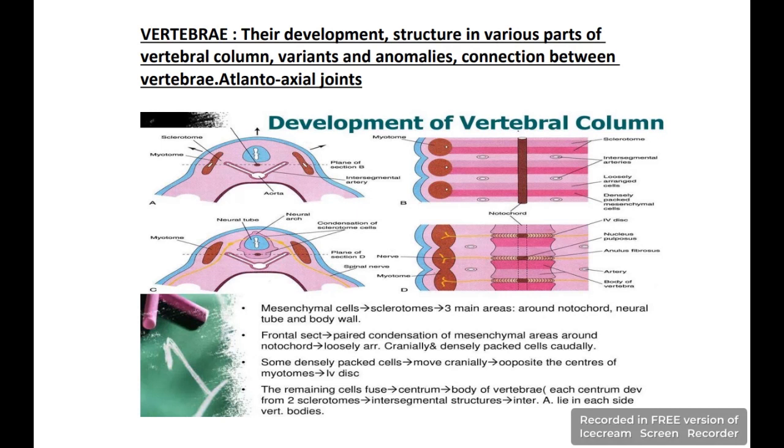Now see, in this structure, the mesenchymal cells have a sclerotome. There are three main areas around the notochord: the neural tube and the body wall.